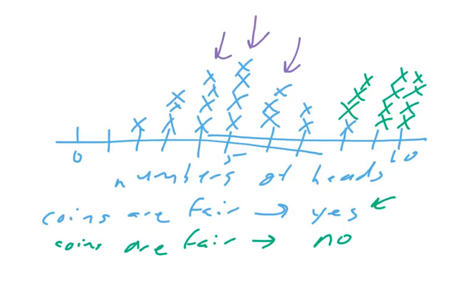So these, whether the coins are fair or not, are what we call inferences, because we decided based on the data the blue coins were fair, the green coins were not. And that's our first little lesson here in the intro to chapter 1.